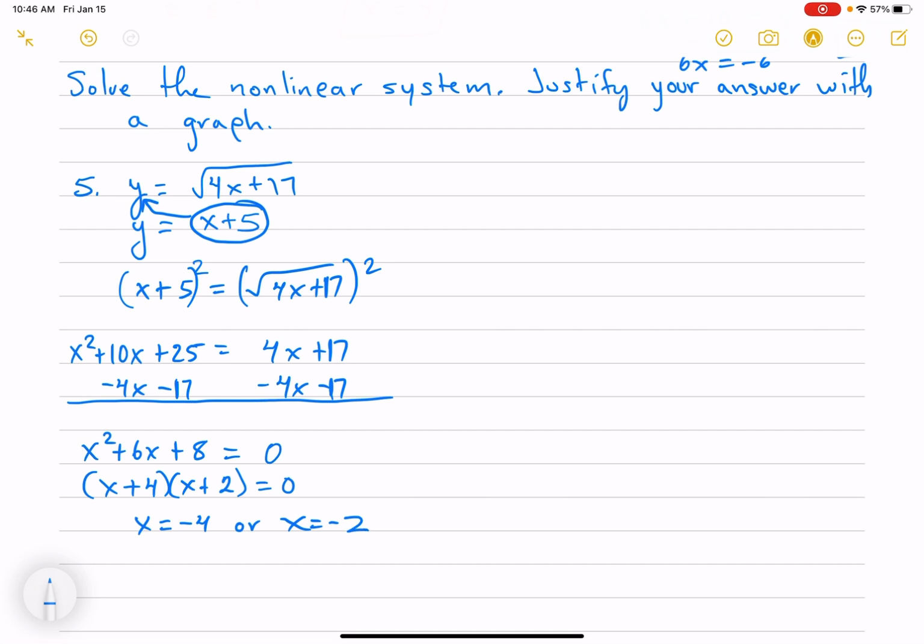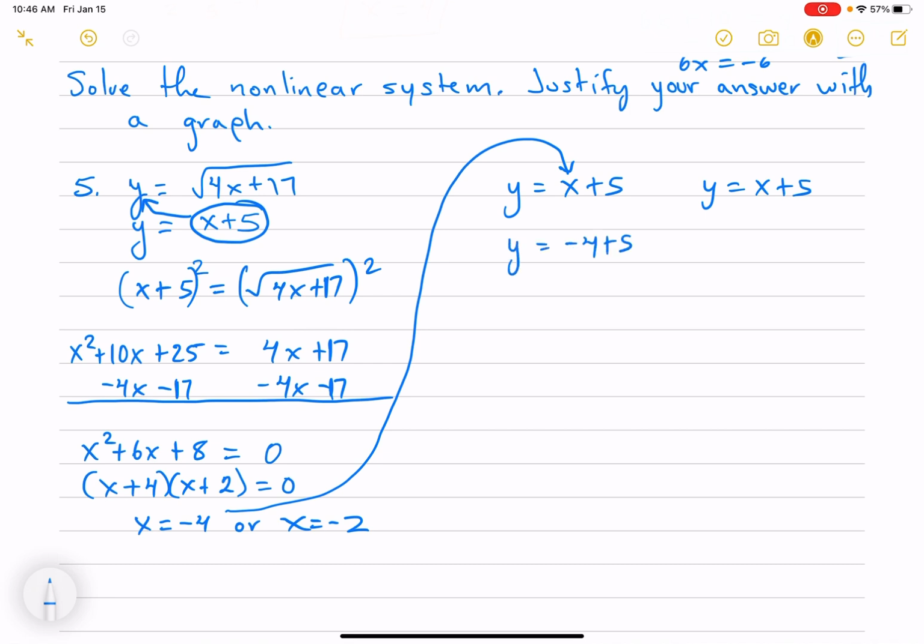Now we are solving a system of equations that has two variables, so therefore we have to find an x and a y. But notice how we have y equals x plus 5. And that's of course the easier equation to substitute into. So the first time, I'm going to substitute -4 for x. And that tells us y is 1.